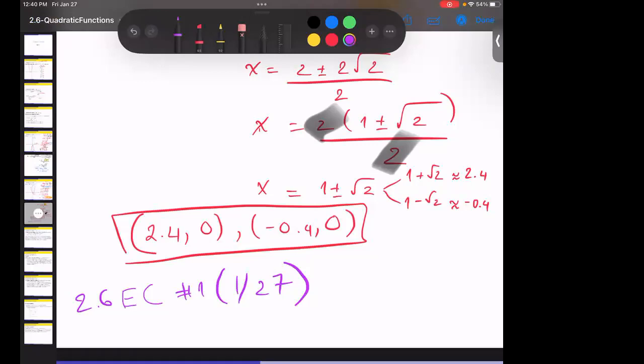Hope I didn't mess it up. I think they're all integers because that's what I want to do.